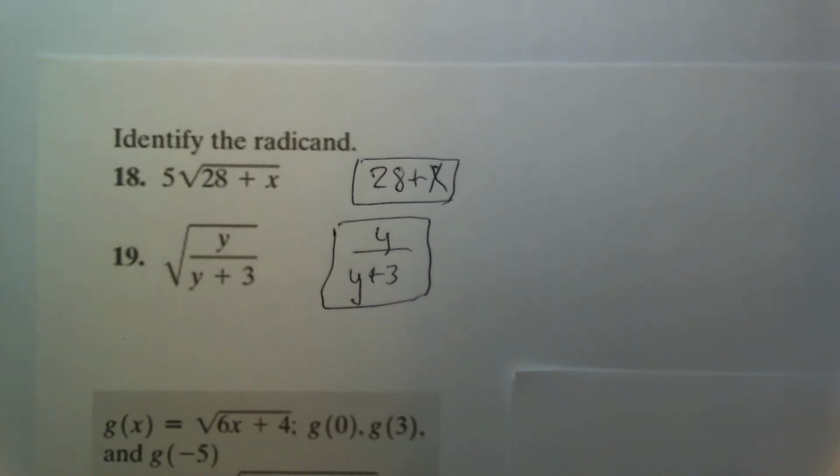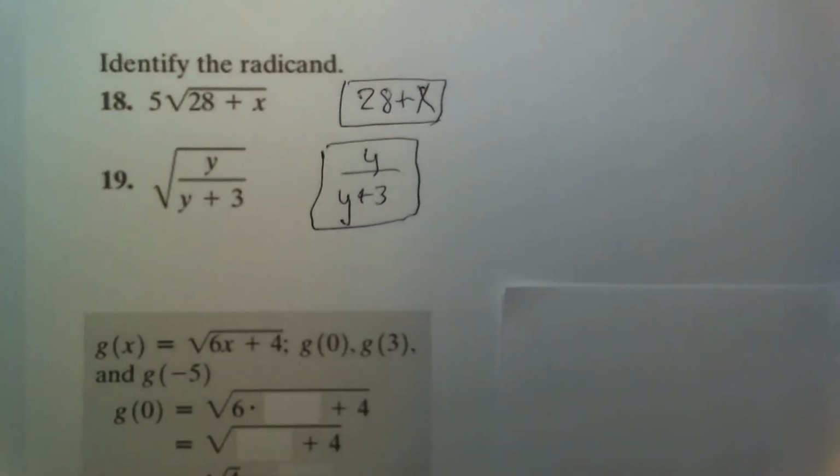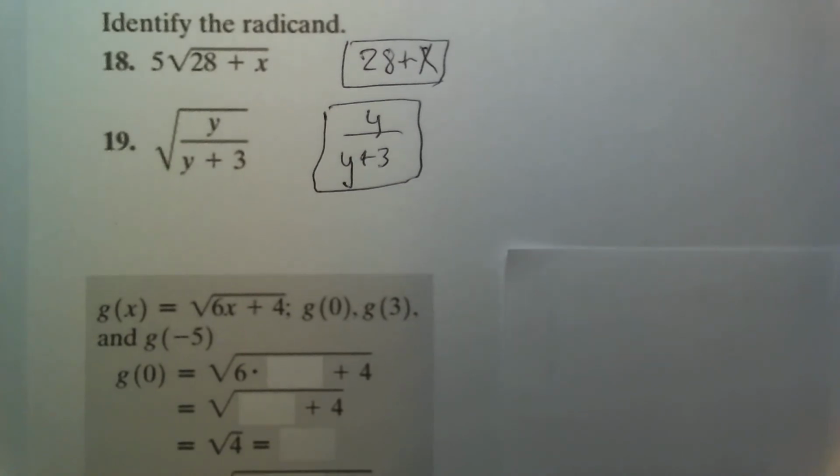So what it means, g of 0, we replace x with 0, so it becomes 6 times 0 plus 4. And of course 6 times 0 is 0. So we only have the square root of 4, which is equal to 2. So g of 0 equals 2.